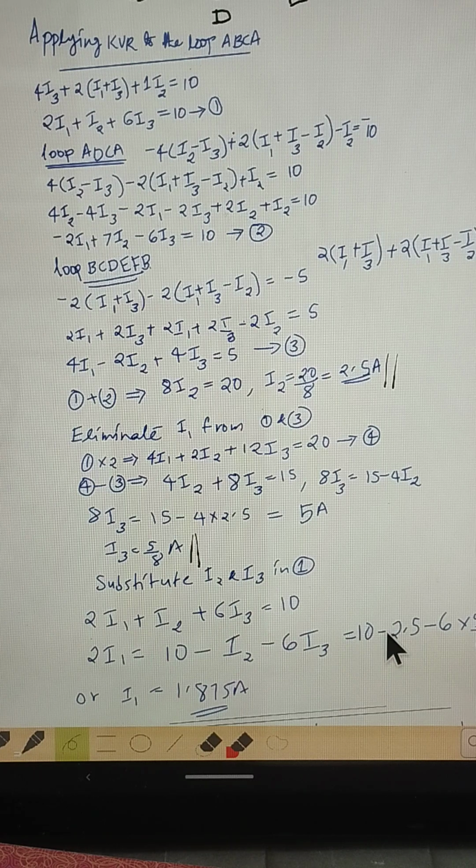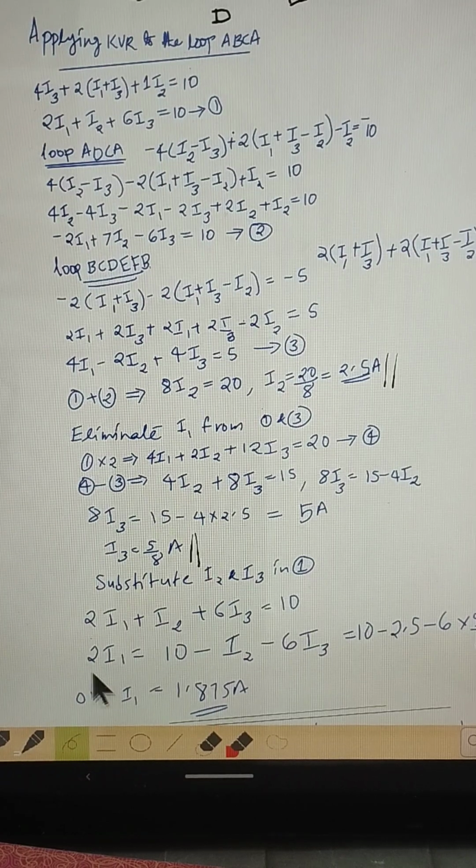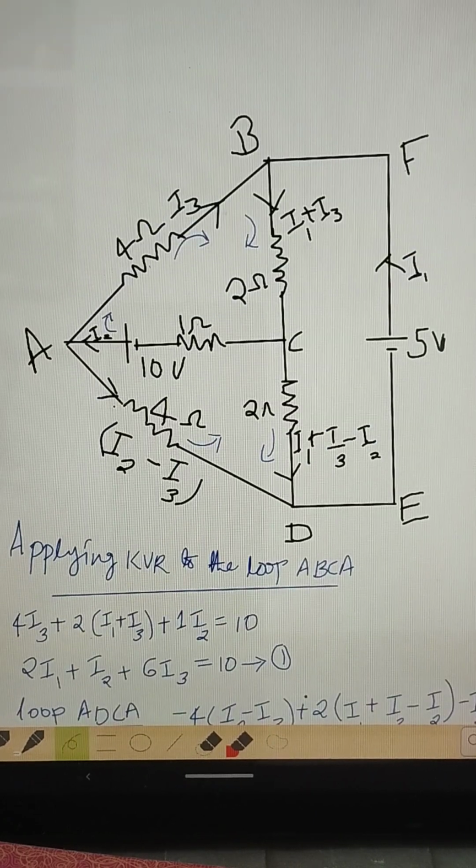Substitute the value of I2, 2.5, and I3 is 5 by 8. So we got the value of I1 also. We are able to calculate I1, I2 and I3. Then, by knowing the values of I1, I2 and I3, currents through different branches can be determined.